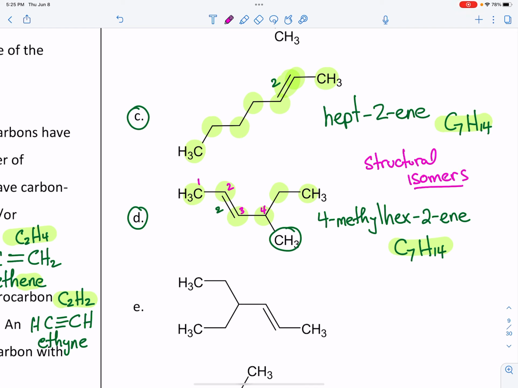They're isomers because they're different molecules that have the same formula. They're structural isomers because they're different in the way they're connected. The molecules have the same number of carbons, but they're not connected in the same ways. The carbons are connected in 2 different ways. So therefore they're structural isomers.